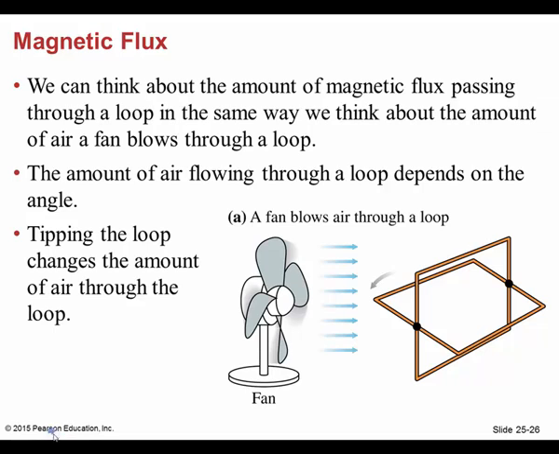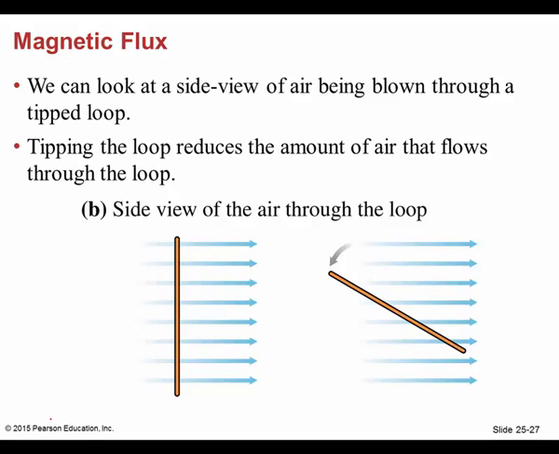You can also change the size of the loop in which the magnetic field is passing. And here we see that the magnetic flux is always going to be maximum when the area of the loop is normal to the magnetic field. Notice that the normal is parallel to the magnetic field, but please understand something.